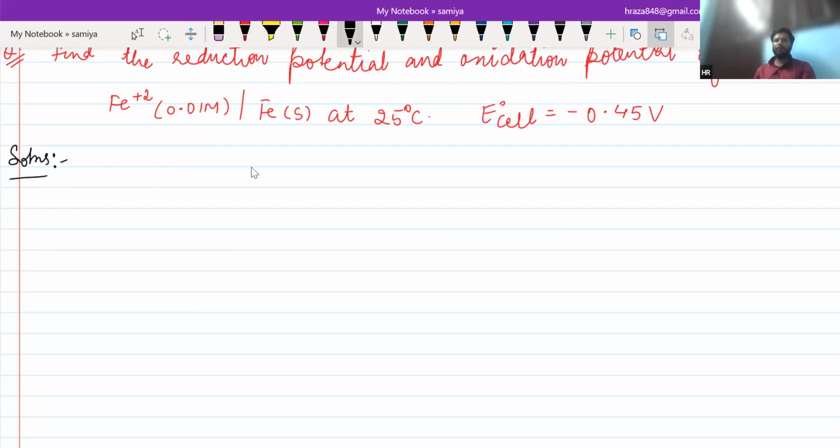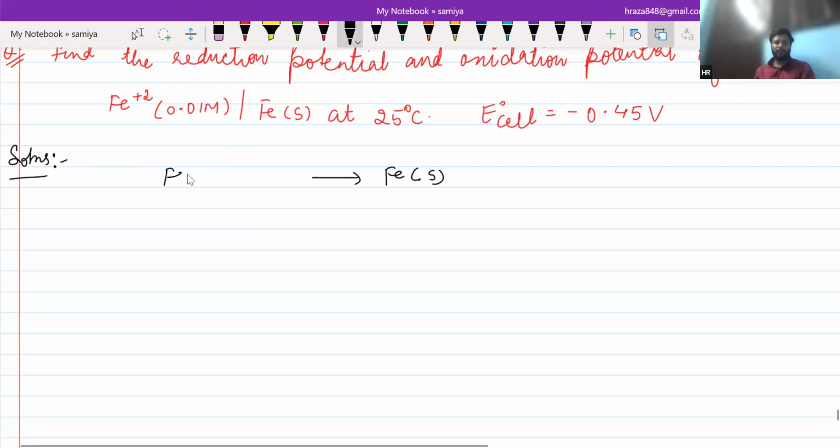First of all, you are going to write the reaction for this. You know that Fe plus 2 is in ionic form, that means in aqueous state, and you can see Fe is going to solid state after gaining 2 electrons.